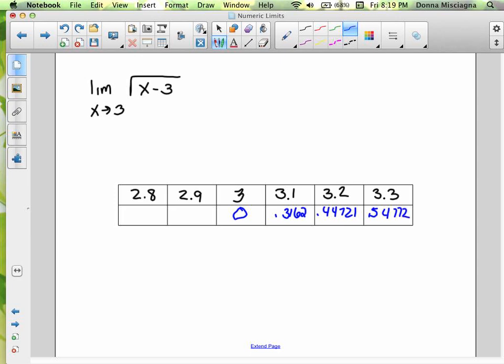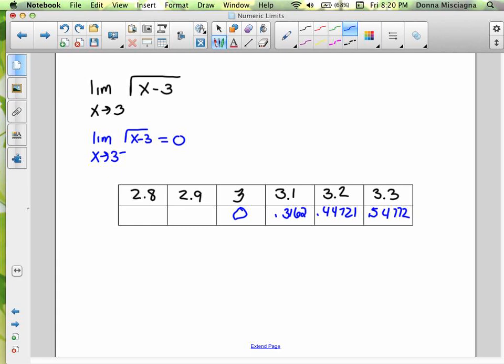So the limit of the square root of x minus 3 as x approaches 3 from the right appears to be 0. We're getting smaller and smaller, and the value of the function actually exists at 3. So that one appears to be 0.